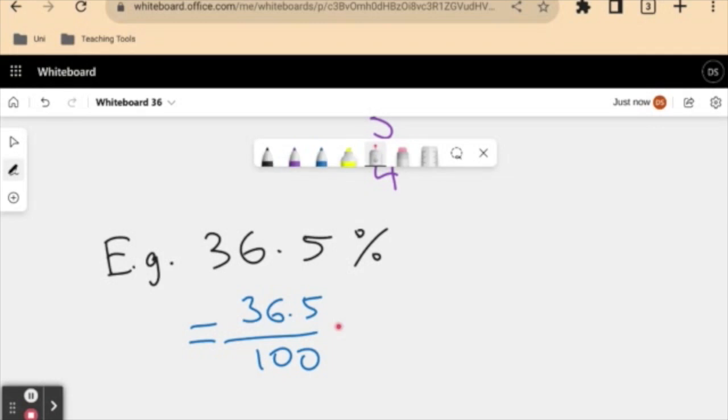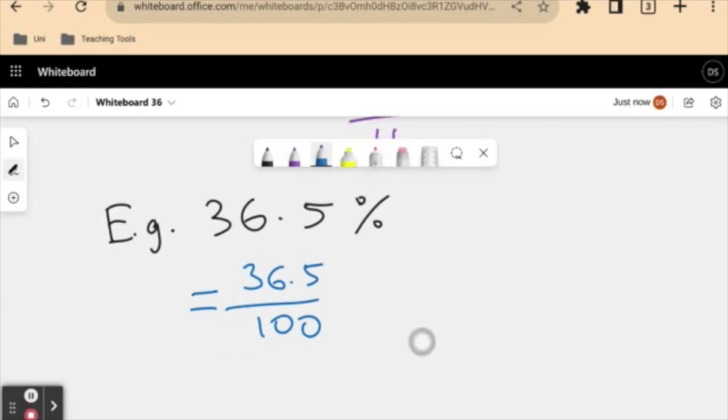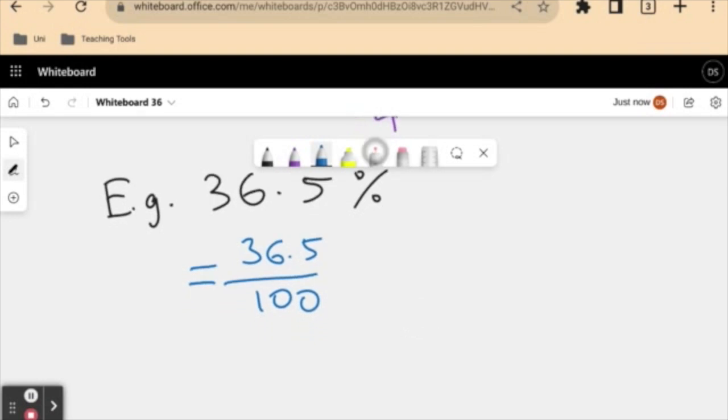Now, there's a couple of ways we can work through here, but I will go through 2 here. So if we wanted to just say, well, I just want to get rid of this decimal point.